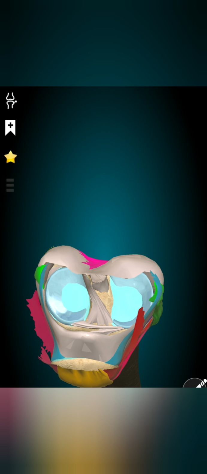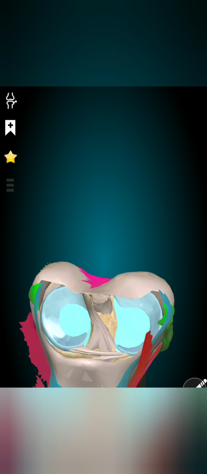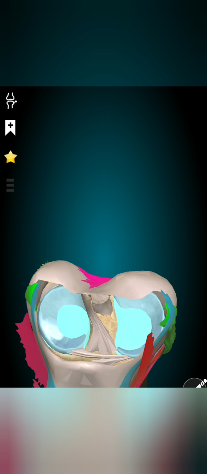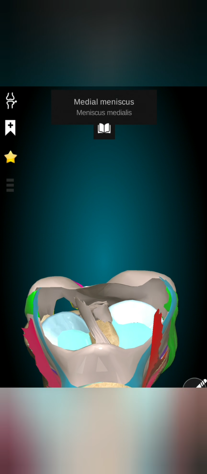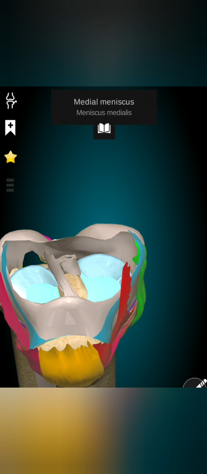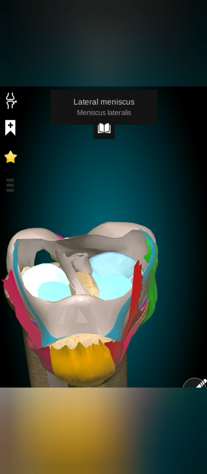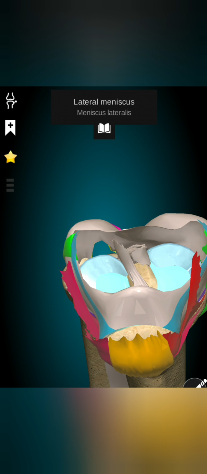And then again, from a superior view, there are two other main stability factors of the knee joint: the menisci. We have the medial meniscus and the lateral meniscus. On this side of the tibia, this one is the medial meniscus, and on the other side is the lateral meniscus.